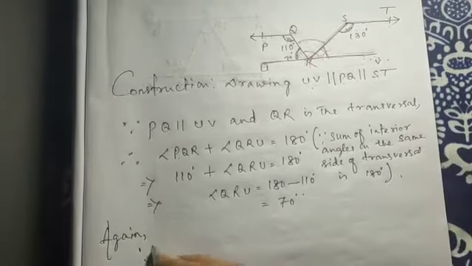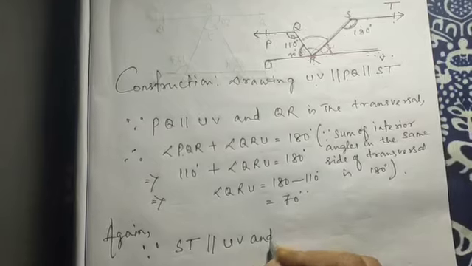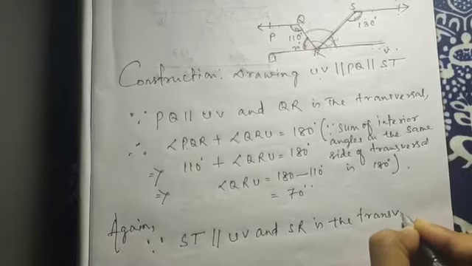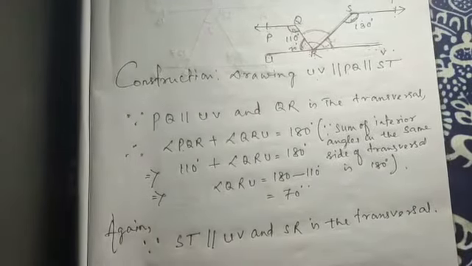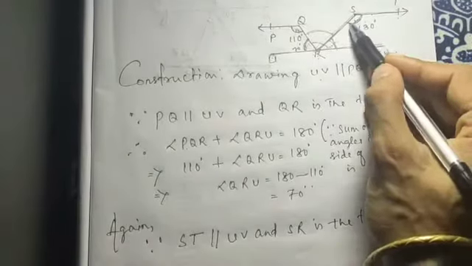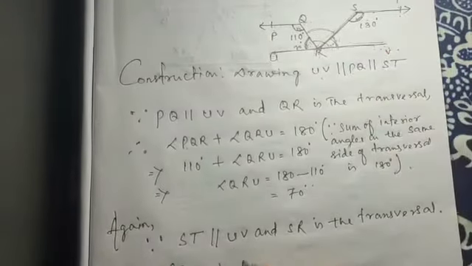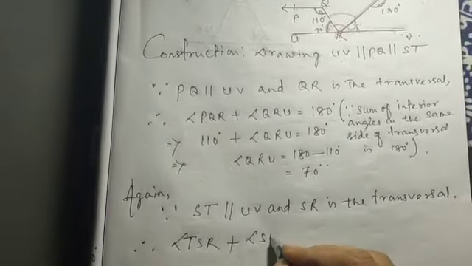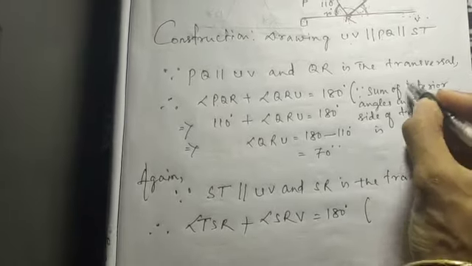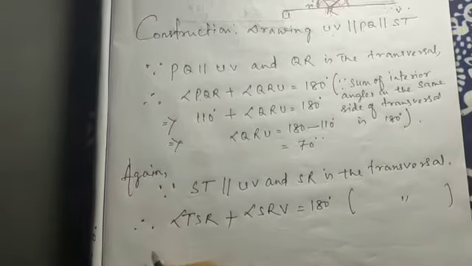So since ST is parallel to UV and SR is the transversal, therefore angle TSR plus angle SRV is equal to 180 degrees. Same, because of the same property.